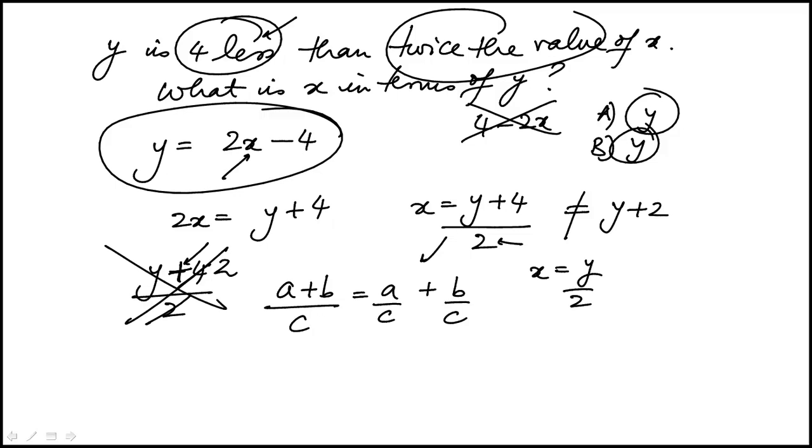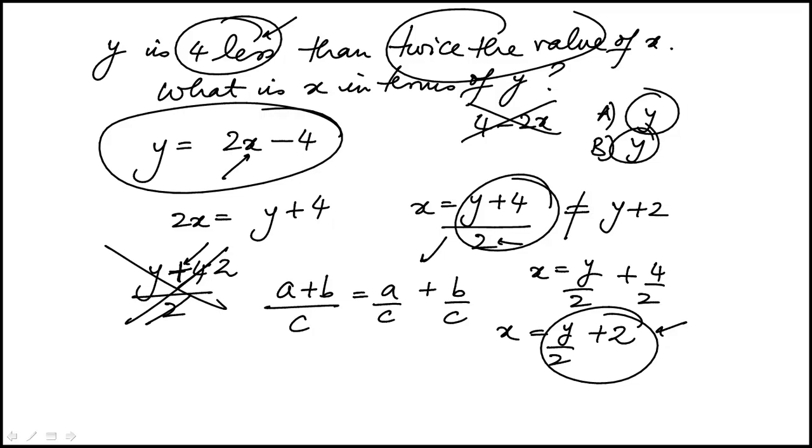So you can write it as y over 2 plus 4 over 2, which simplifies to y over 2 plus 2. So in the exam, it's possible that's how they might write the answer, or they might leave it like that. So you may have to look at the answer choices as well to see what final form they want you to write the answer.